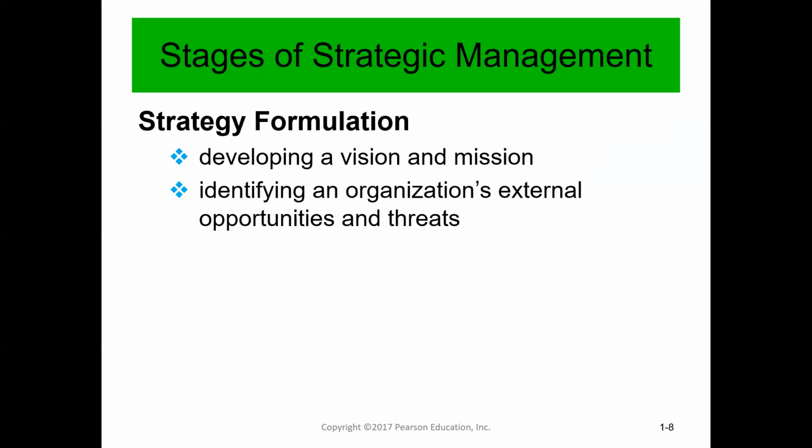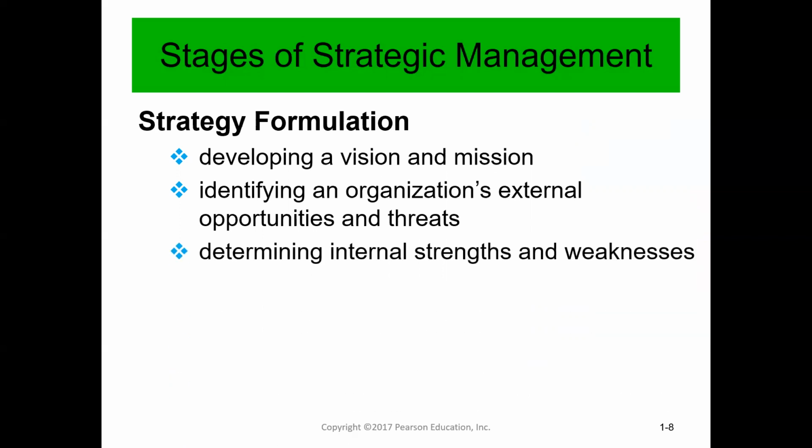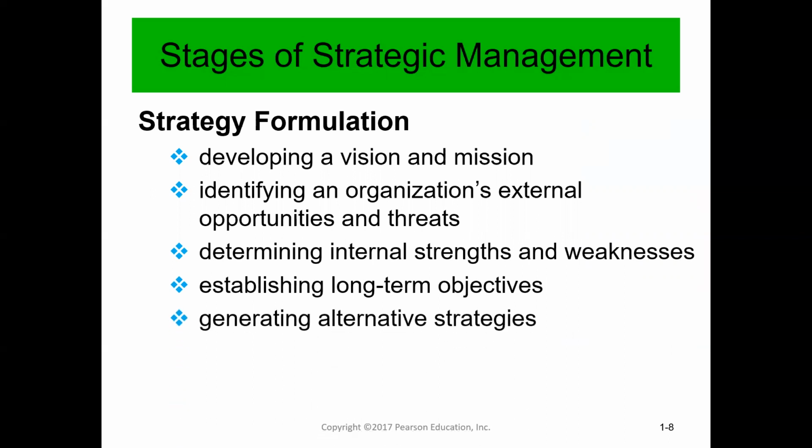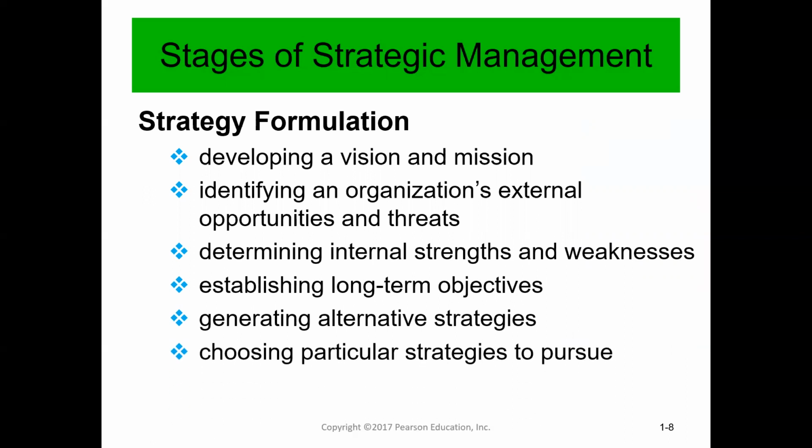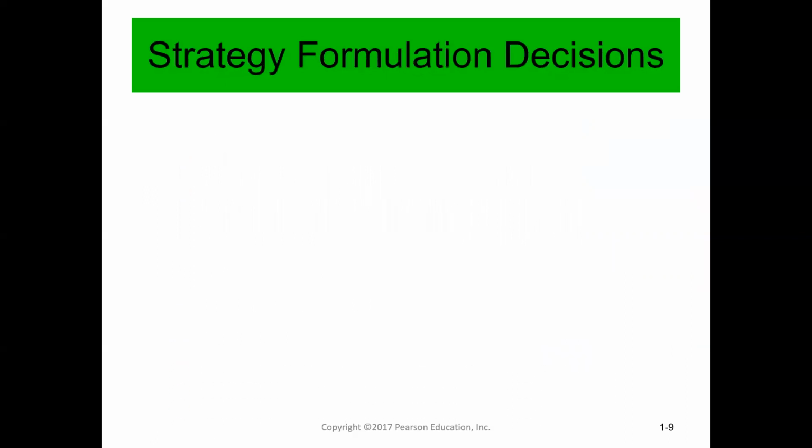And identifying an organization's external opportunities and threats. And determining internal strengths and weaknesses. Of course, establishing long-term objectives, no? And generating alternative strategies, and choosing particular strategies to pursue.